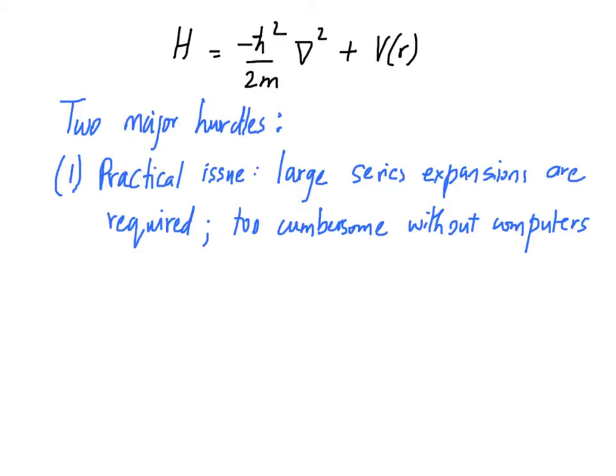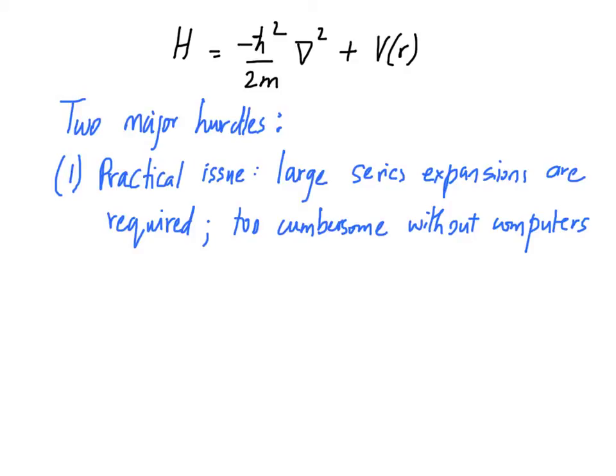This became too cumbersome to handle in the 1930s, 40s, 50s, and so forth, because modern type computers did not exist at that time. So it was rather laborious to solve these equations. That was a practical issue.